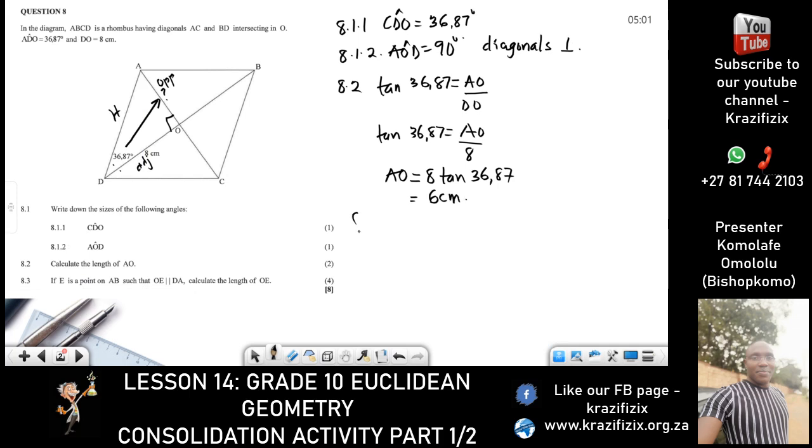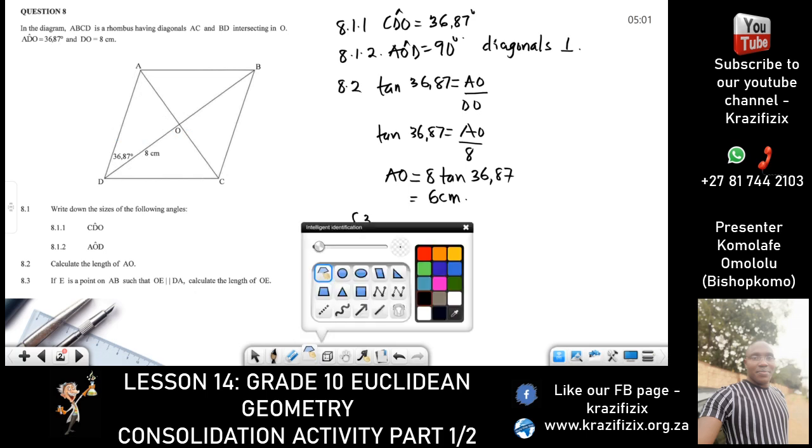Now 8.3. If E is a midpoint on AB, let me claim this too so we can construct, because I see some statement here that might need us to construct. I need a ruler.